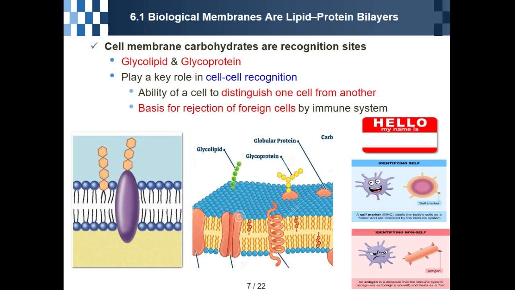This kind of carbohydrate, we call the glycolipid. Carbohydrate which is attached to protein, we call a glycoprotein. So glycolipids and glycoproteins play an important role in cell recognition.